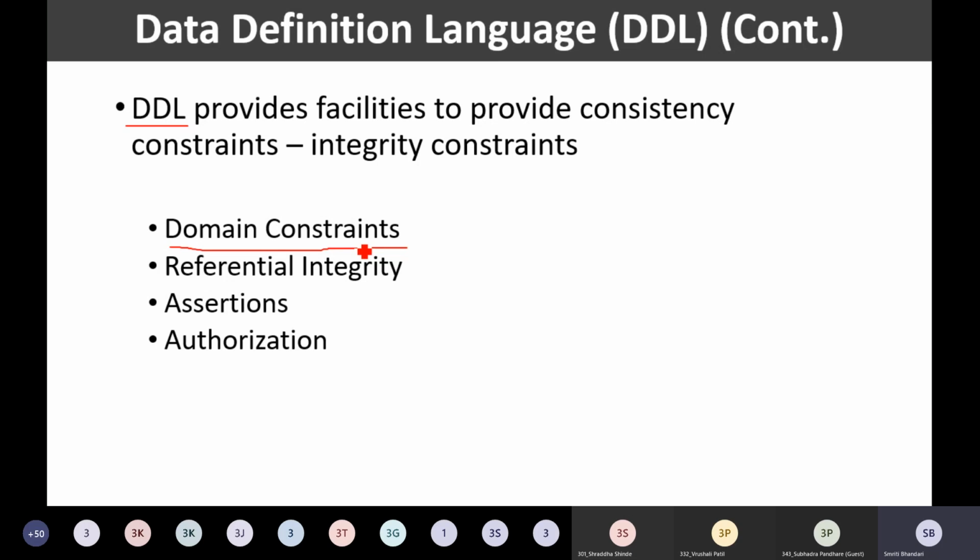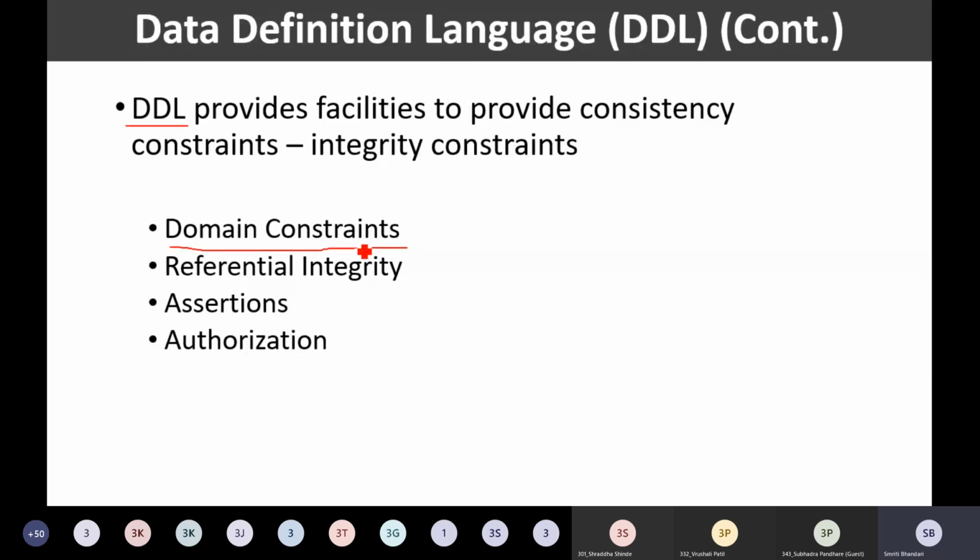So what do we mean by a domain? Domain represents the set of possible values for the given type of attribute. For example, whenever we are defining a table, we mentioned attribute name ID and we associated that ID with the data type character. Right?